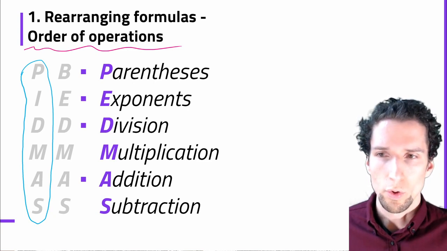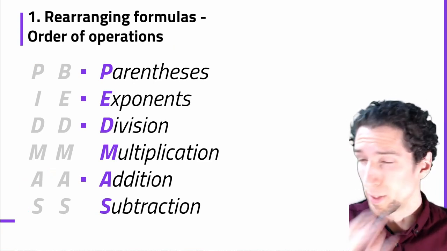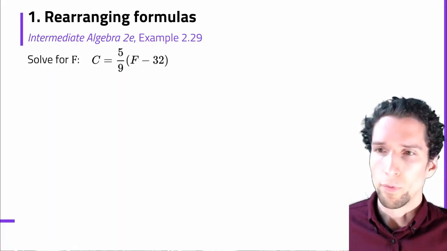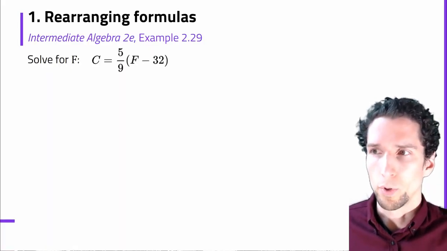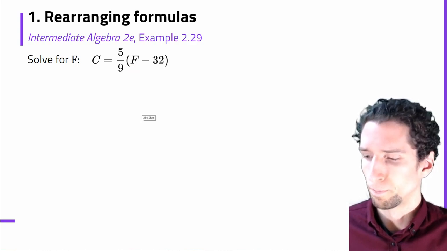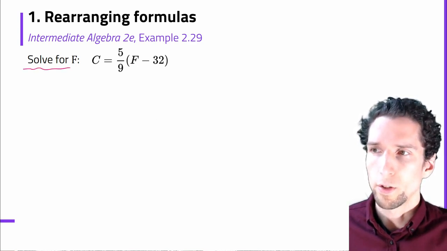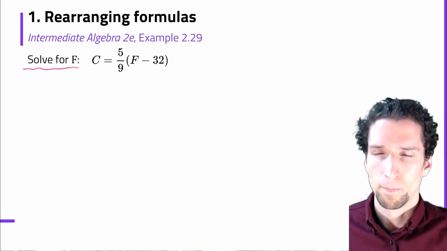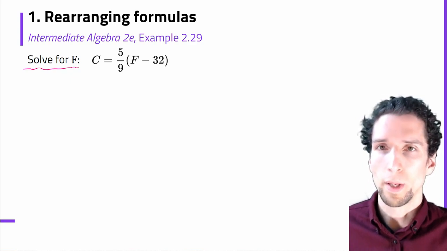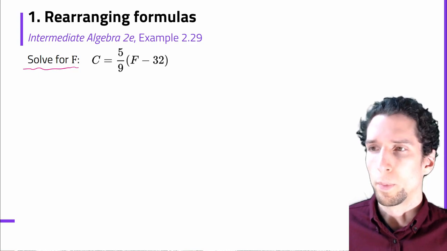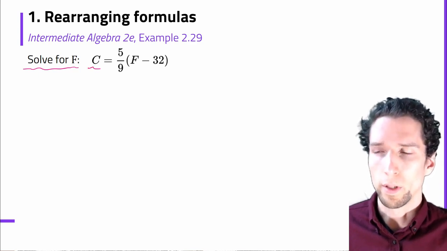So we're going to use this to help us with the process here. We'll start off with some really simple things: formulas for converting between temperatures, between Celsius and Fahrenheit. This question is asking us to solve for F. It does say solve, but we will not be able to get a number, like F equals this, because we have another variable here.